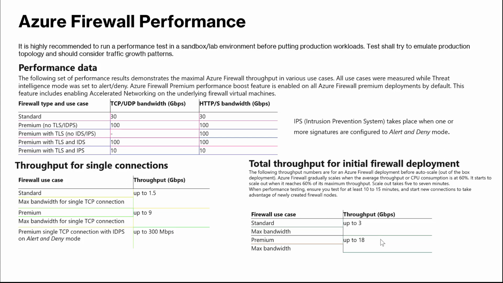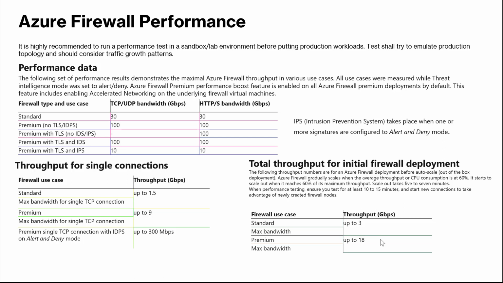So this is important. Throughput for a single connection is also given in this slide here, right? So for the firewall use case, throughput for standard is up to 1.5 Gbps, premium is up to 9 Gbps, and a TCP connection with IDPS is up to 300 Mbps with alert and deny mode.